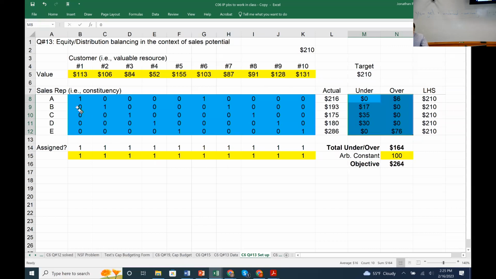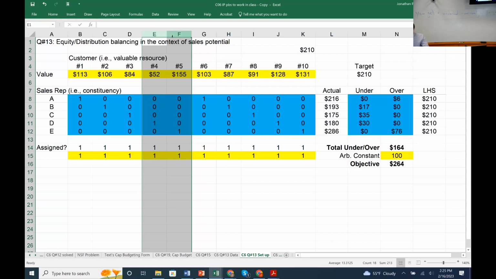I didn't exert an enormous amount of effort trying to choose the best values of the X's. I could have tried harder. I could have, for instance, said, well, let me notice that customers 4 and 5 are the worst and the best customers, so let me give both of them to the same salesperson.